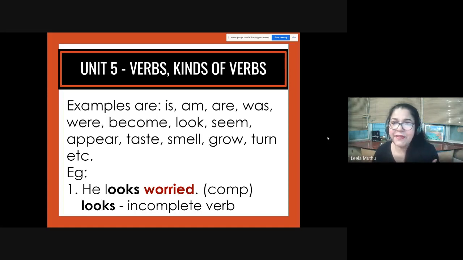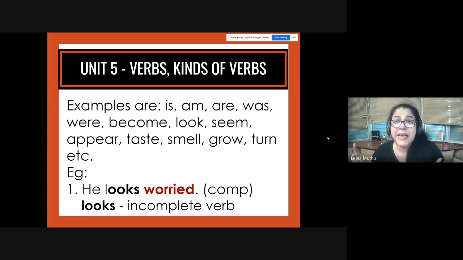Okay, so same way. It smells. Let's say you see a rose, it smells. Now, if I don't add anything after smells, you don't know whether it smells bad or whether it smells good or whether it smells heavenly, whatever. So it smells. Smells is incomplete unless I add, it smells delicious.